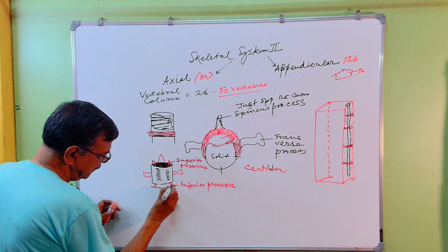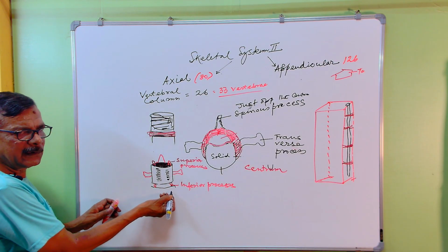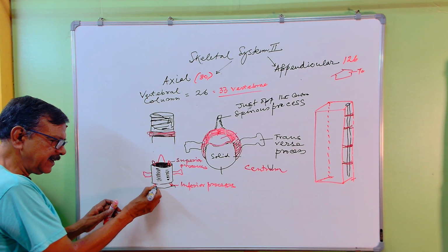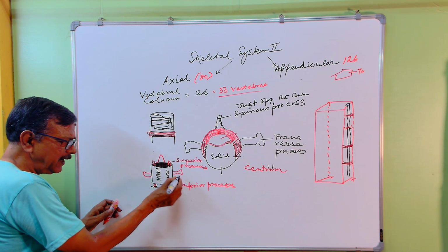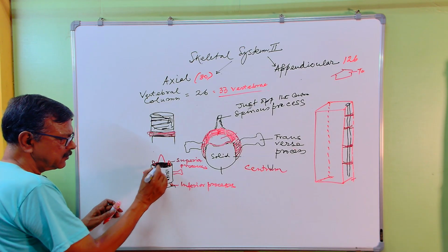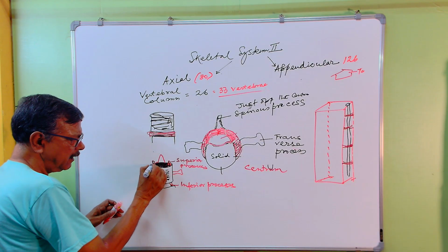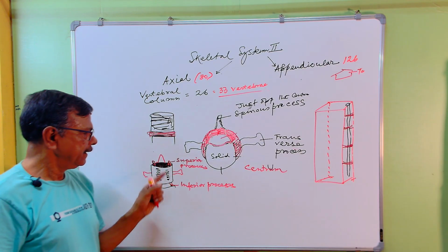The next one also has superior processes. These two fit here, these two fit here. So it has so many processes. These two are superior processes on both sides of the vertebra.